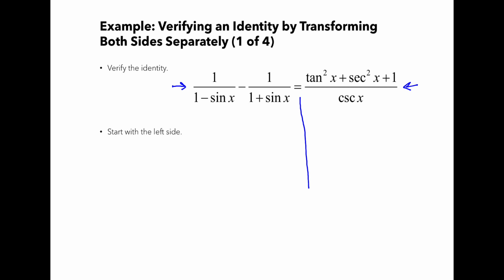So 1 minus sine x is one of the denominators we have here, and 1 plus sine x is what we have there. Those are not equal to each other. In fact, they're opposites. However, we can get common denominators by multiplying them. In other words, my least common denominator here, or LCM or LCD, however you want to think about it, would be the product of 1 minus sine x times 1 plus sine x.